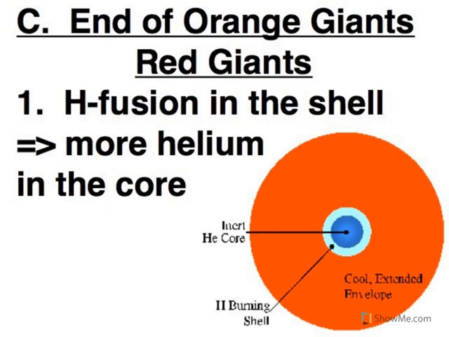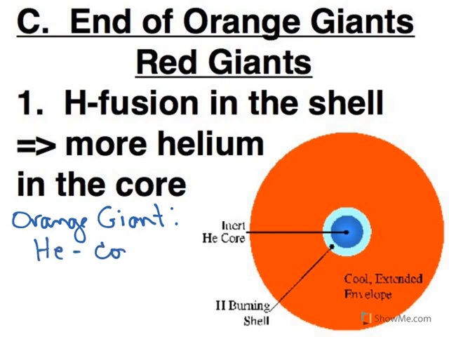Red giant stars. So where we've left off, we had an orange giant, and this had a helium core that's inert, and a hydrogen fusion shell.